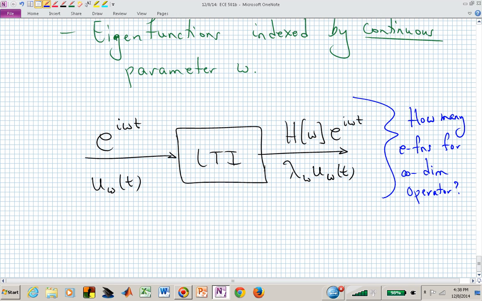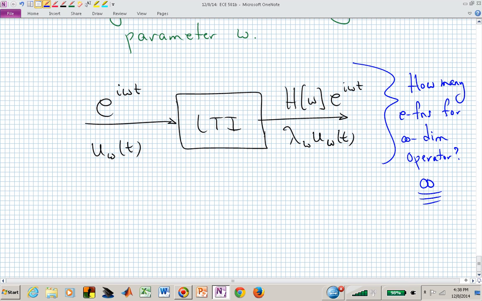That's just our frequency, or our index on frequency. So we now have an infinite number of those eigenfunctions, in contrast to what we've been playing with this semester, which is some finite number of eigenfunctions or eigenvectors.